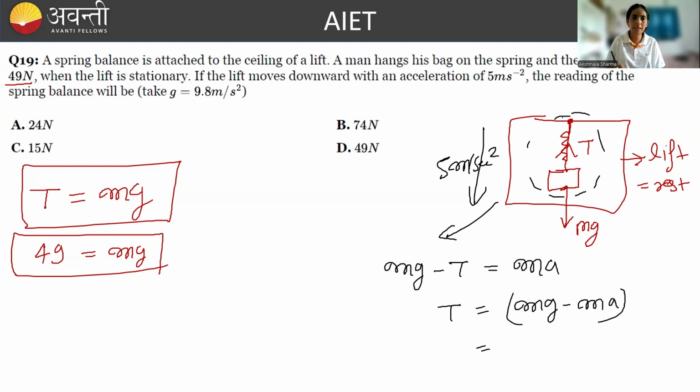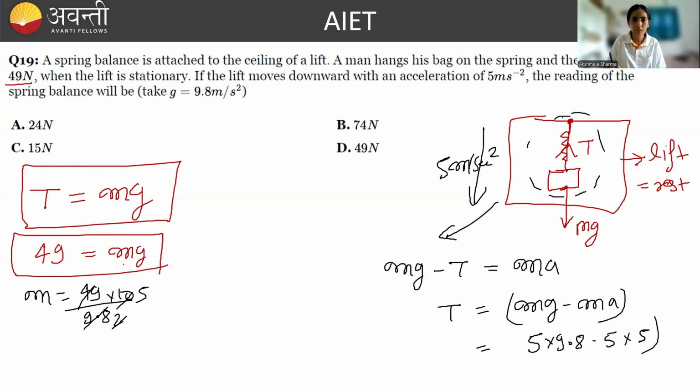Here, what is m? We can calculate m from here. m is equal to 49 by g, that is 49 by 9.8, so 5 is the value of m. So 5 kg, and this is 9.8 minus 5, into a, which is 5. So this is nothing but 5 into 4.8.